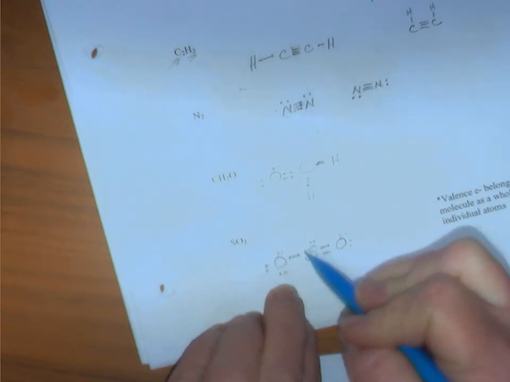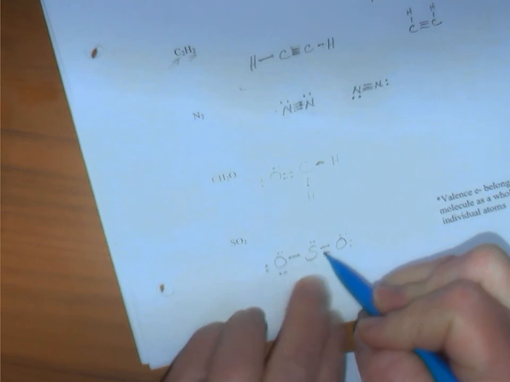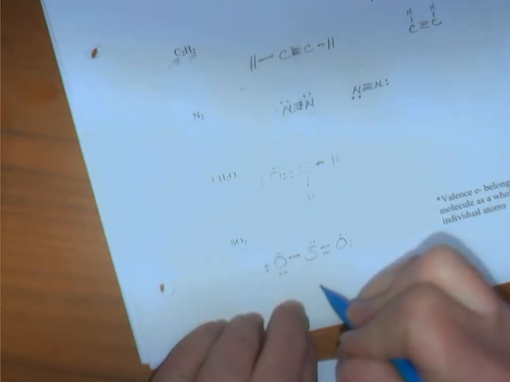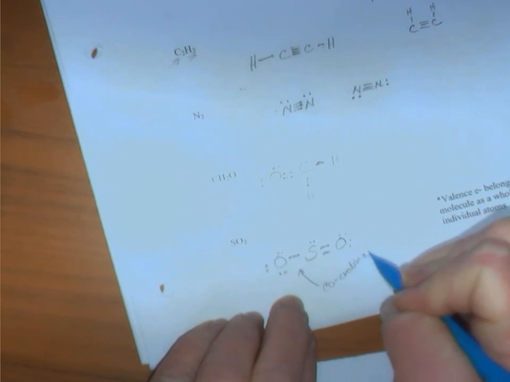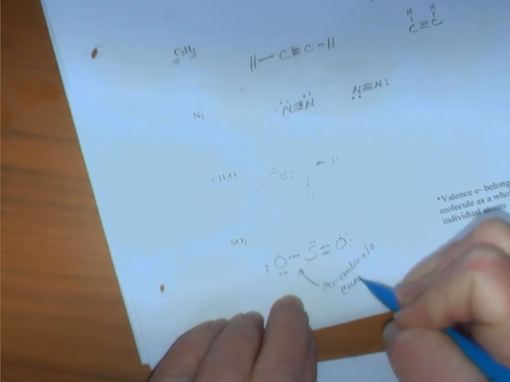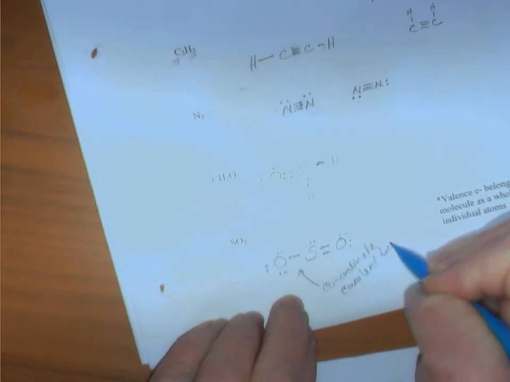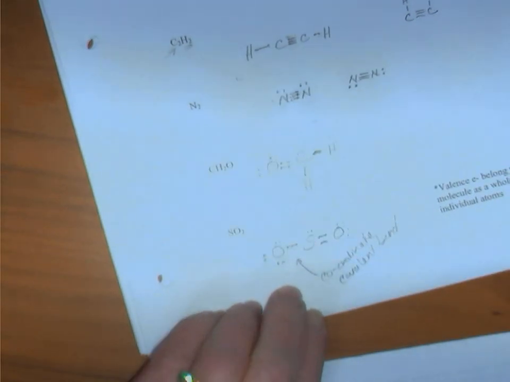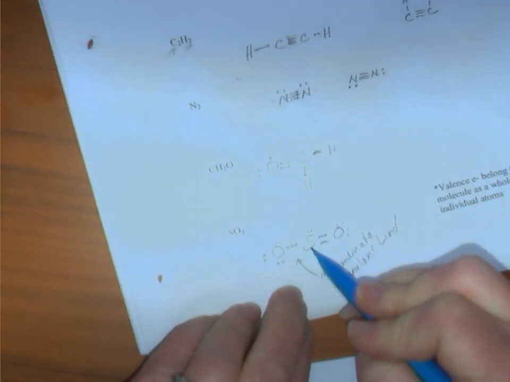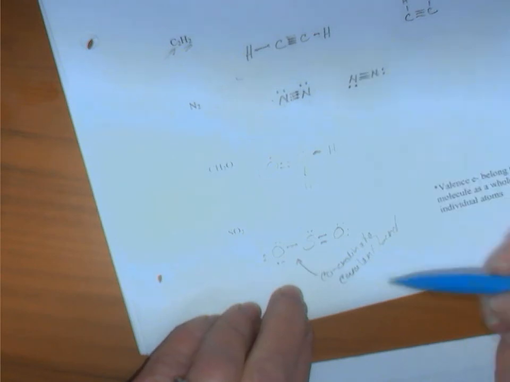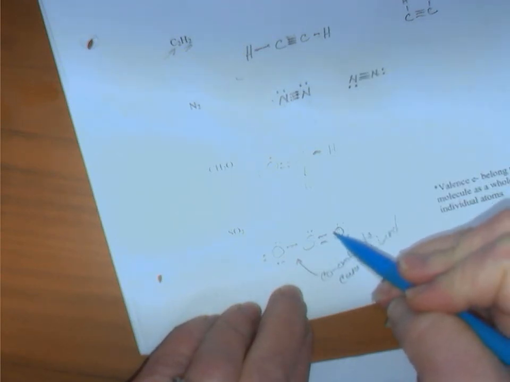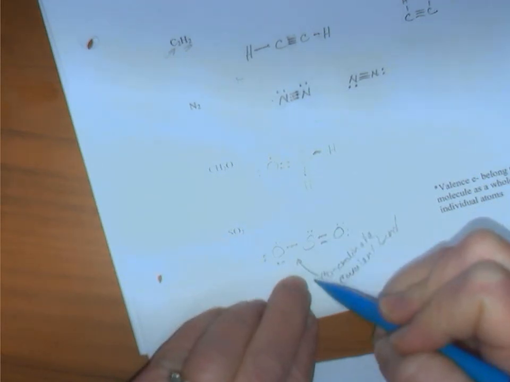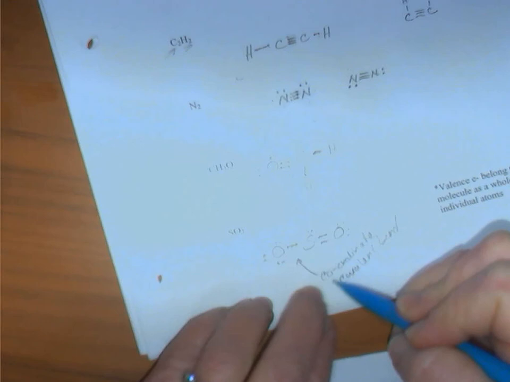And sulfur's octet is not exceeded, but the octet is satisfied for oxygen. That is called a coordinate covalent bond. And that is where all the electrons for sharing come from one of the elements. In all the other bonds, each element donated 1 toward the sharing. If they're coming solely from one element, it's called a coordinate covalent bond.